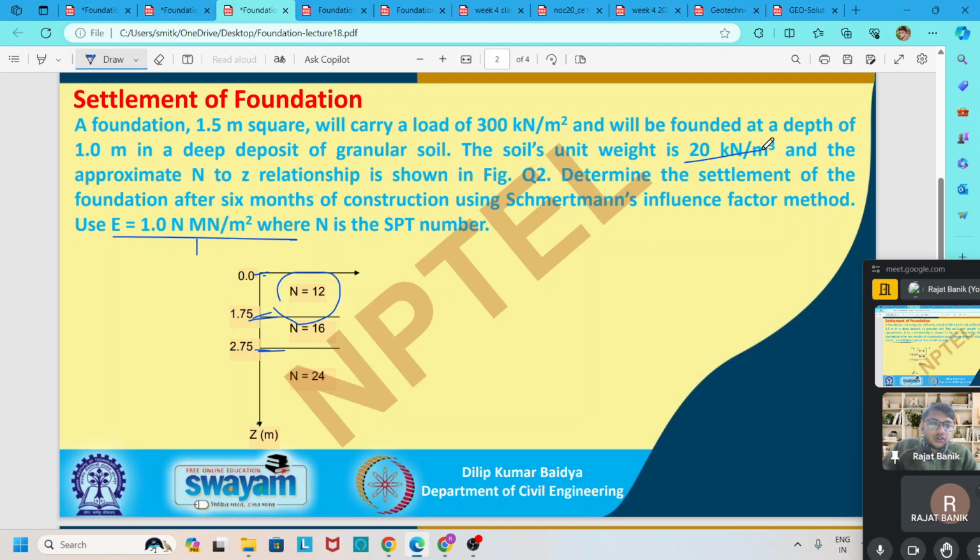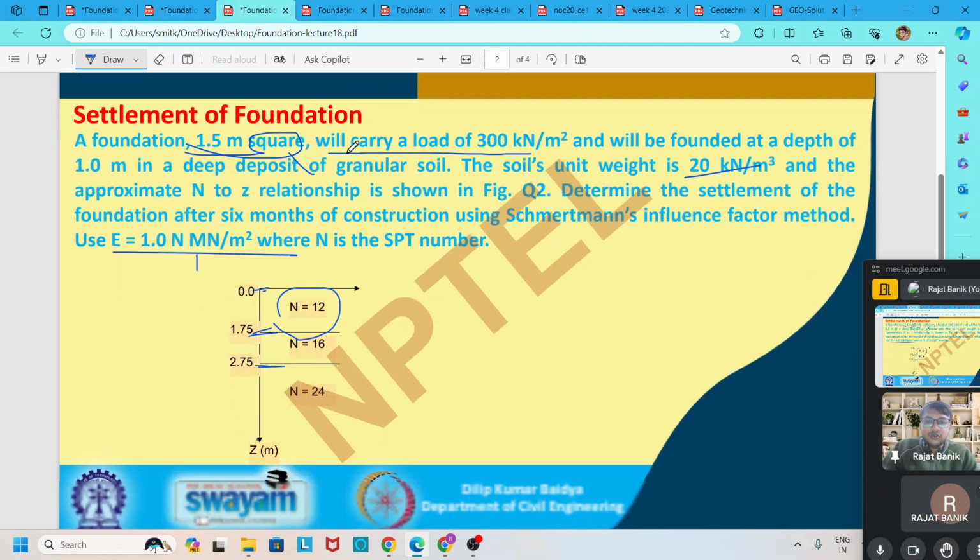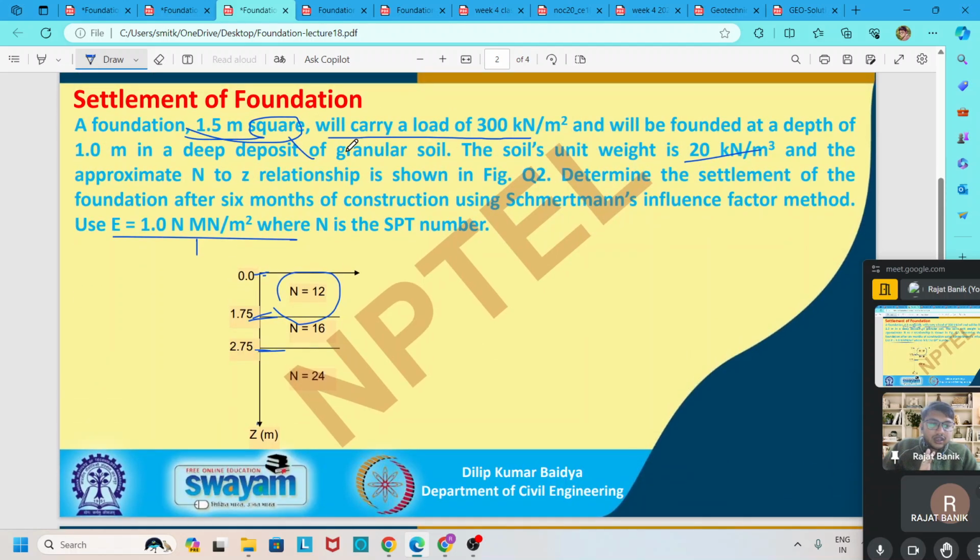Then the unit weight of the soil is also given. Pressure from the structure on the footing is given. Size of the footing is also given, and type of the footing is also given. Remember, it is a square footing. That means we are using the second type of this Schmertmann method.